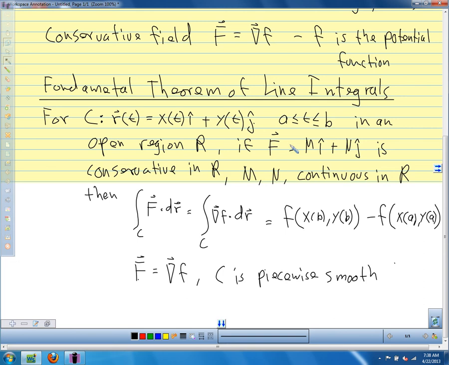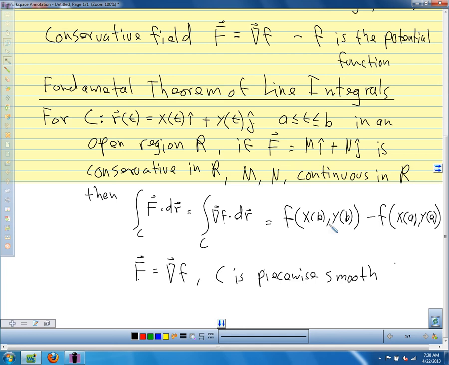So this is the exact same idea. If we have a conservative field, we can take the antiderivative essentially, which is our potential function, and evaluate that at the endpoints of the interval and subtract, and we have the value of that line integral. It's a really powerful idea.